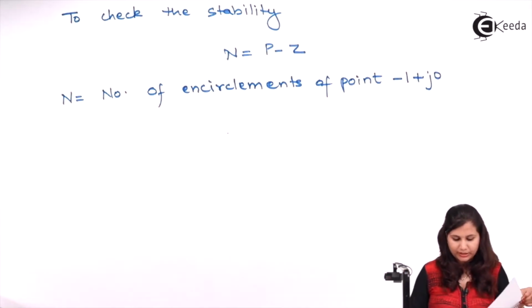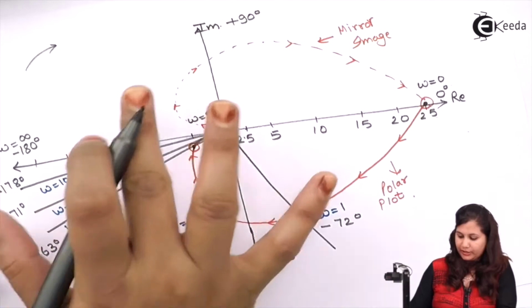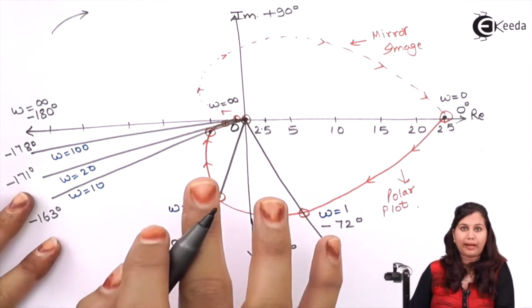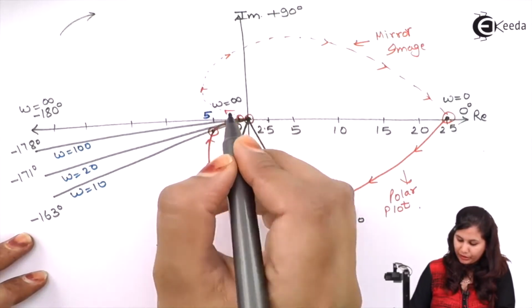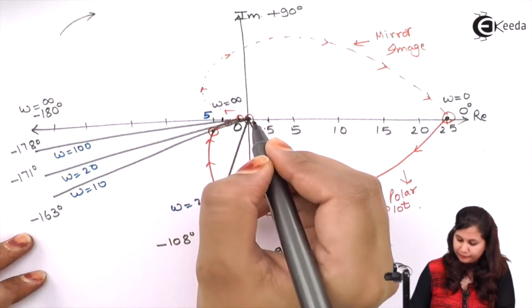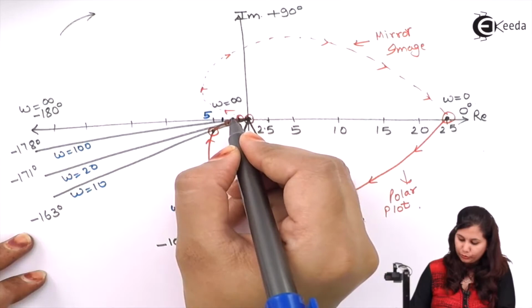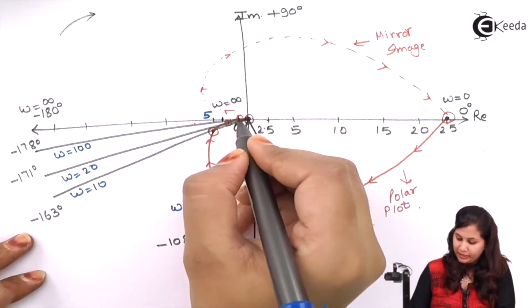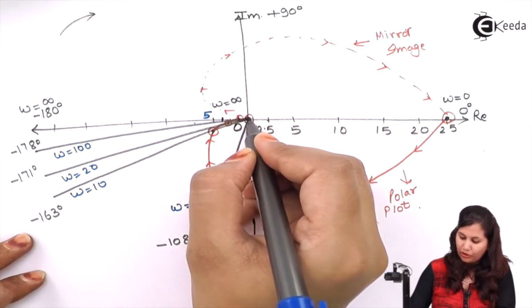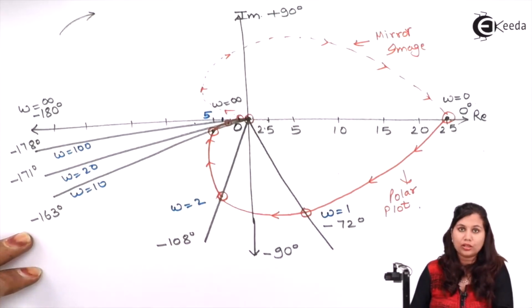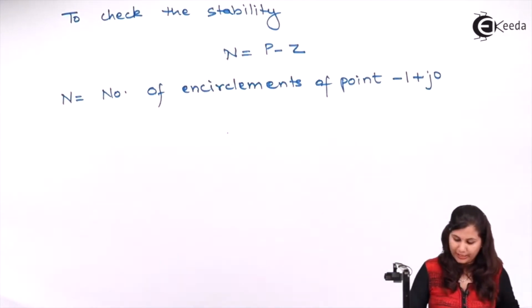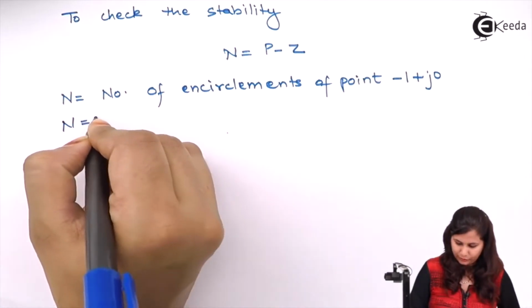Now here this plot is not encircling the point minus 1 plus j0. This is 5, and 1 is here: 0, 1, 2, 3, 4, 5. We will divide the point. The plot is not encircling this minus 1 plus j0 point, so N will be equal to 0.